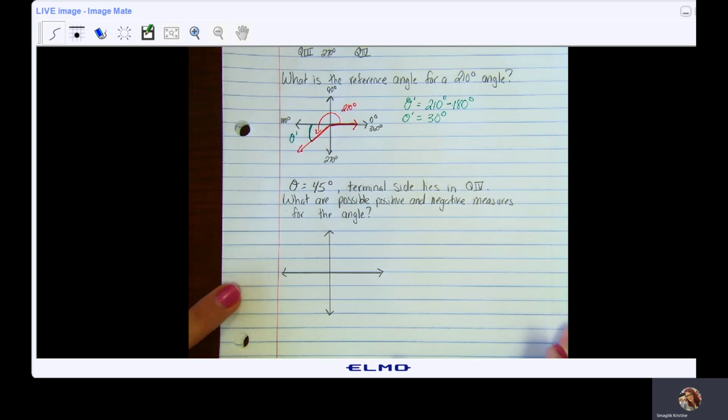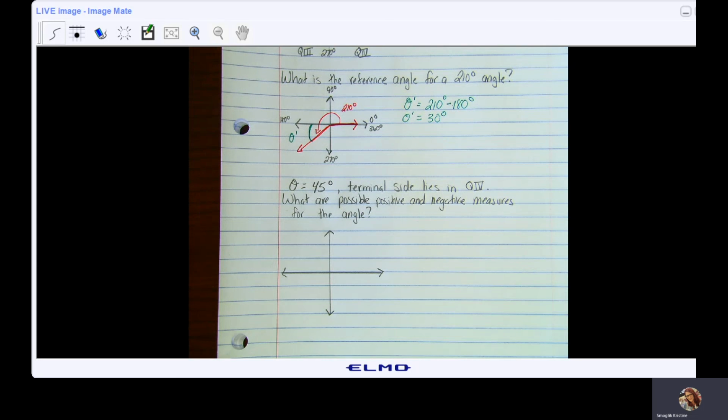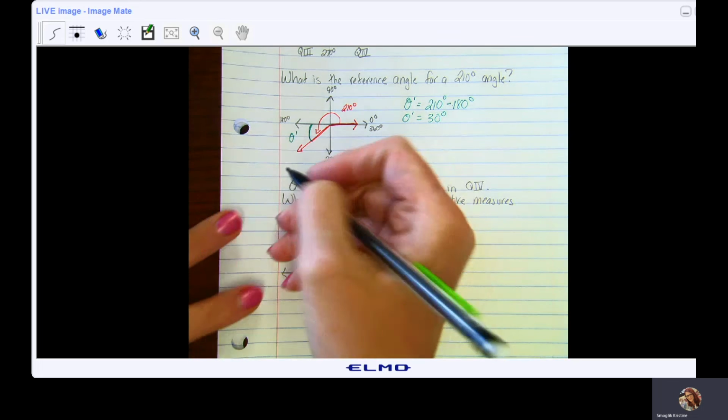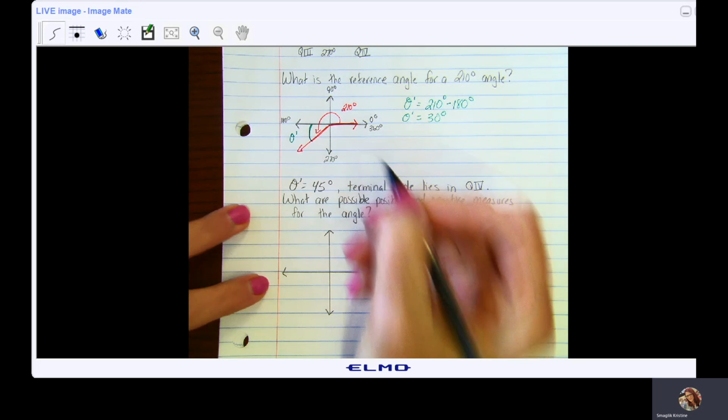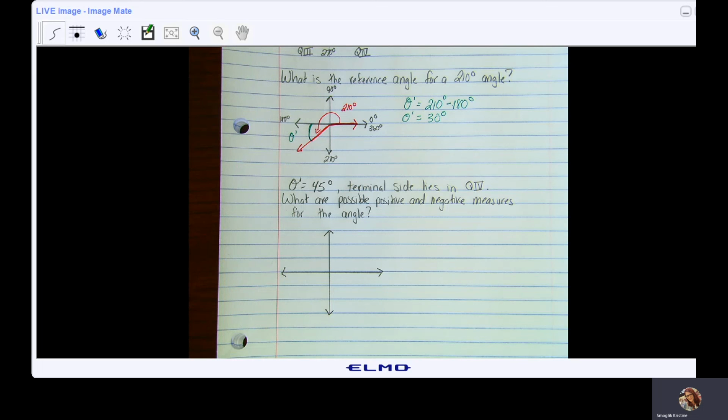And another problem. So theta, oops, I wrote this down in a rush, guys, I'm sorry. This should be your reference angle. You have a reference angle equals 45 degrees. Your terminal side lies in quadrant 4. What are possible positive and negative measures for the angle?